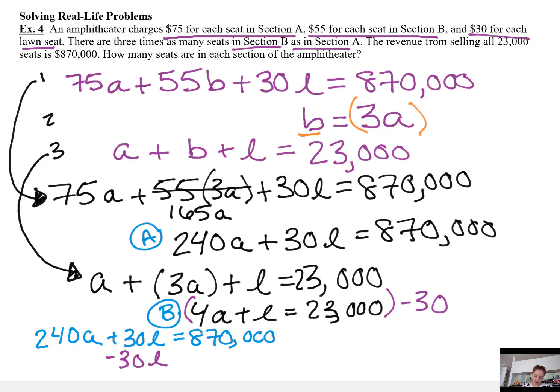And I get negative 120A minus 30L equals negative 690,000.